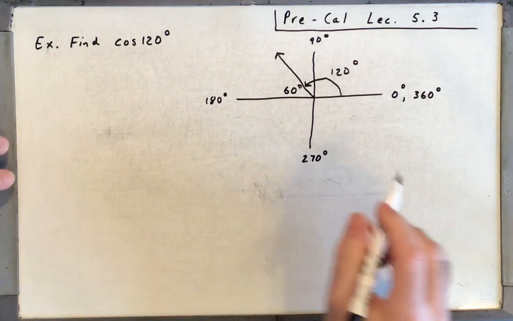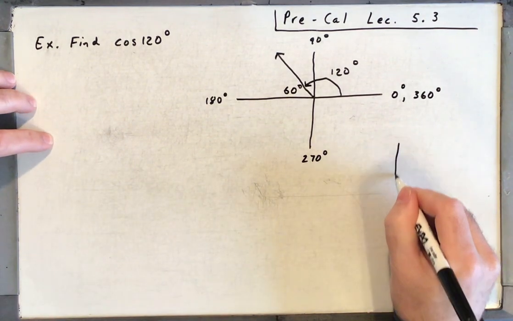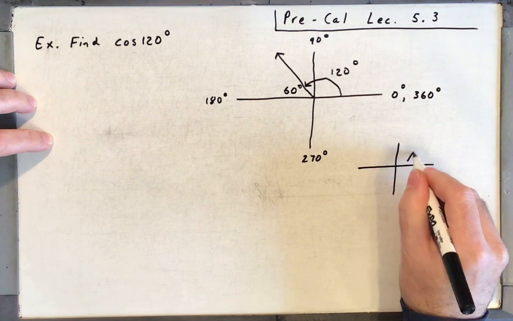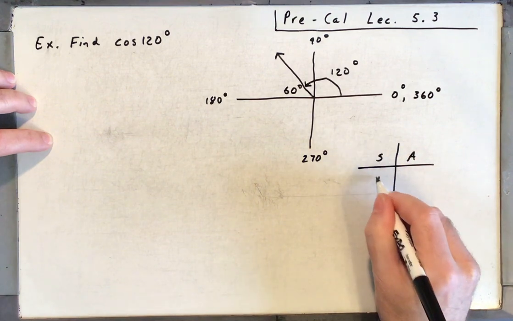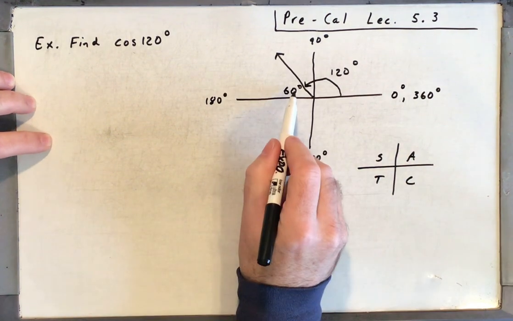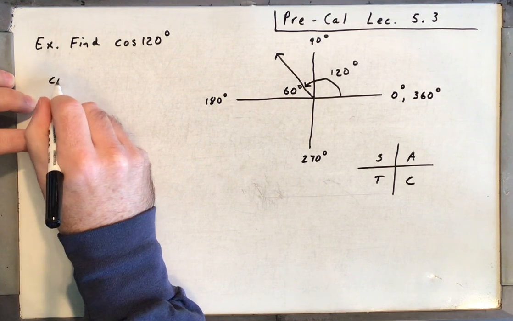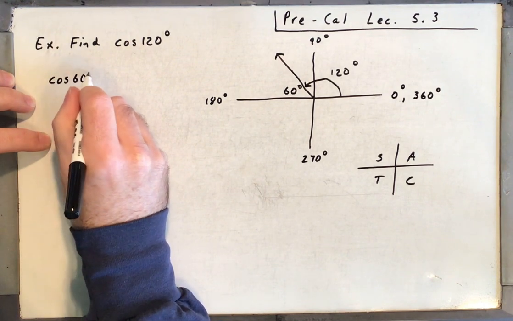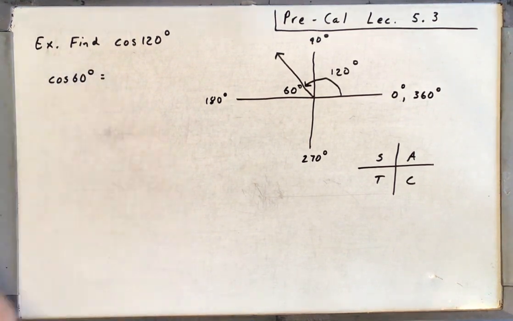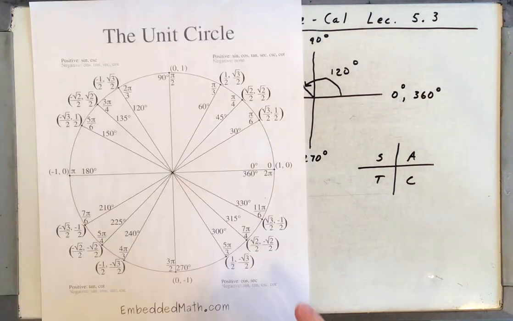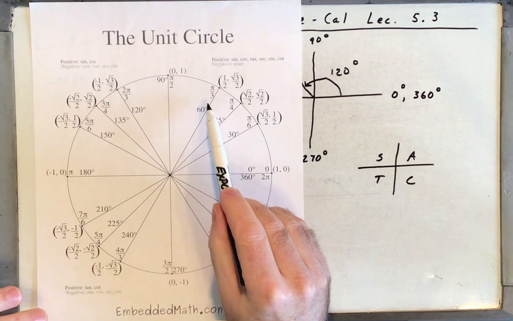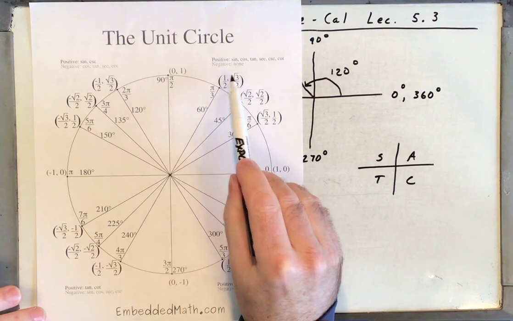So of course, we're not going to forget our ASTC. What we can do is find the cosine of the reference angle. Okay, so cosine of our reference angle, let's look at the unit circle, cosine of 60 degrees. Remember, it's cosine, then sine.